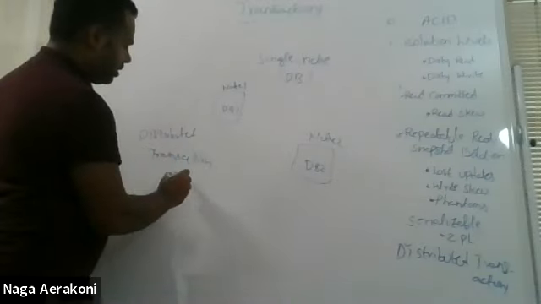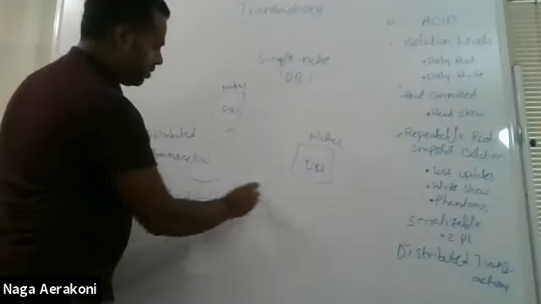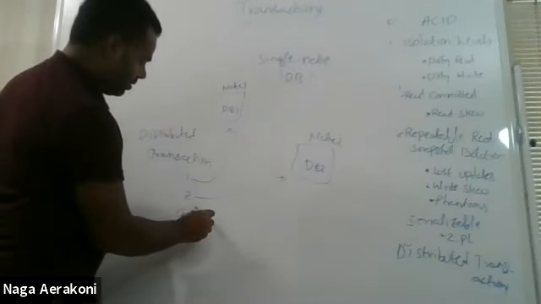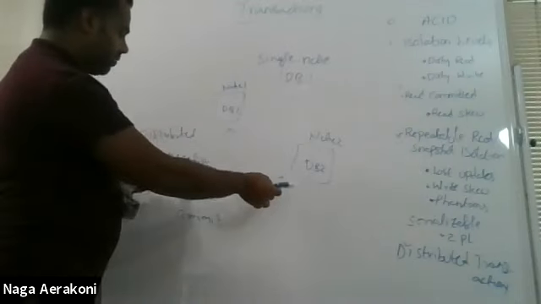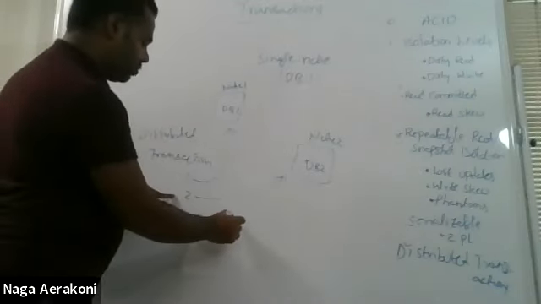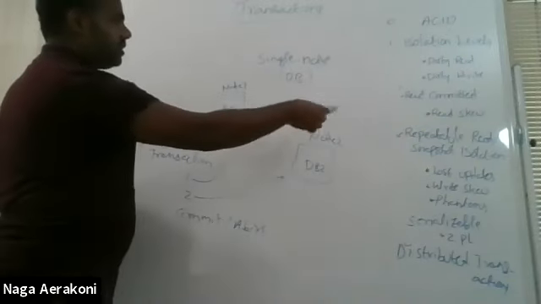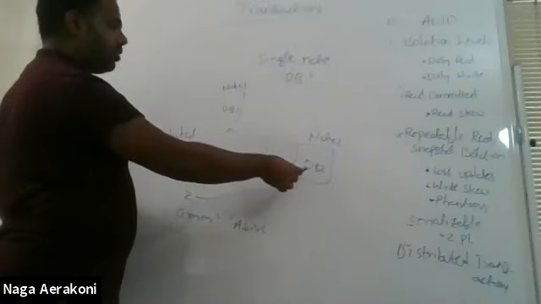So in one step you update this, and in another step you update this, and when you say commit, at this point you need to make sure that they're both committed. If not, you need to abort, right? We know that ACID makes sure that as long as you are operating on a single node, it works.